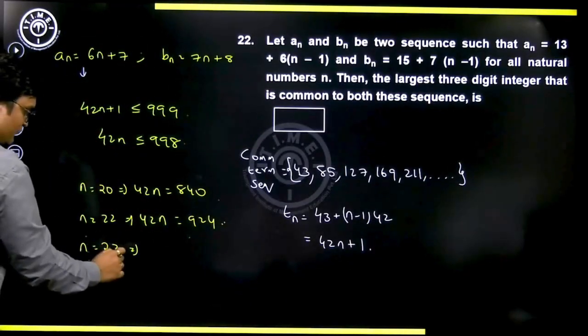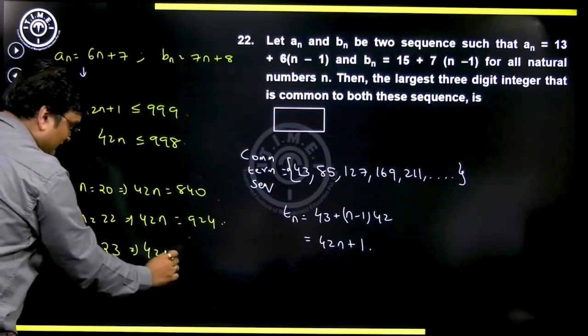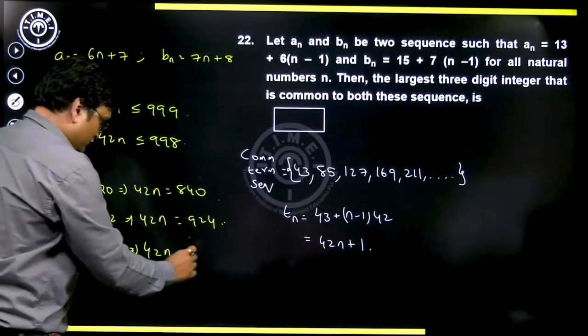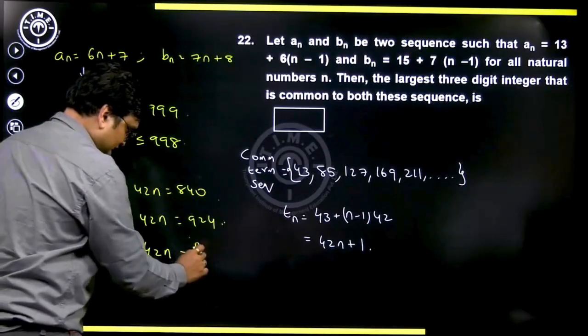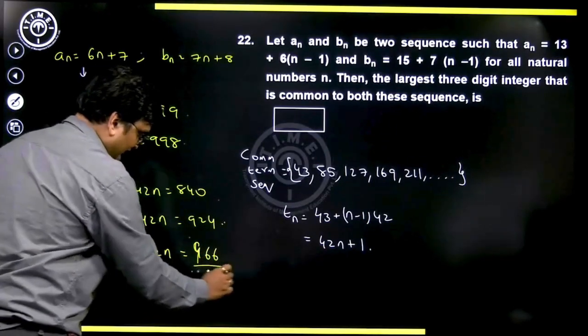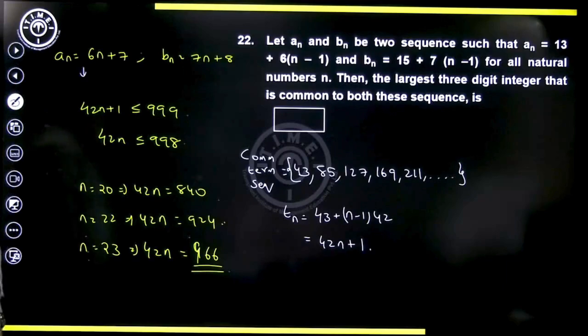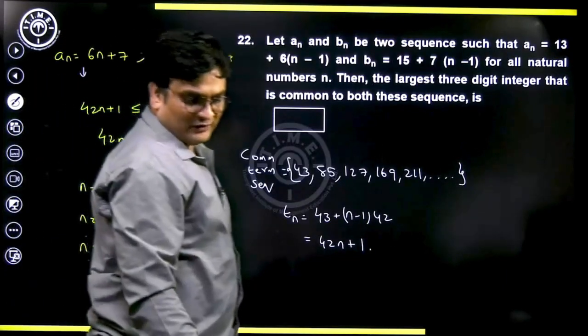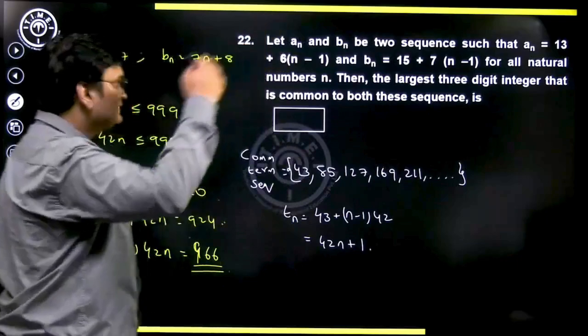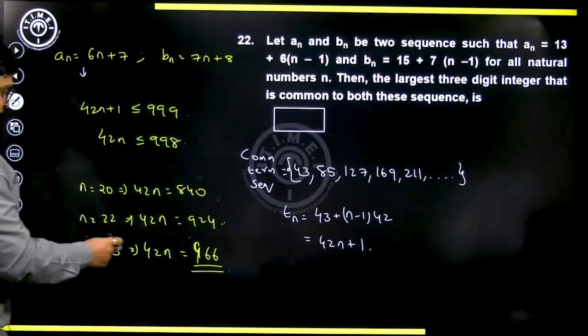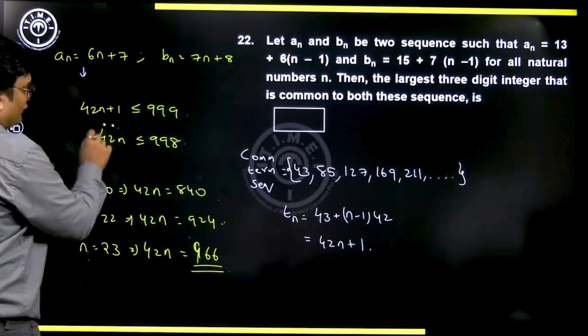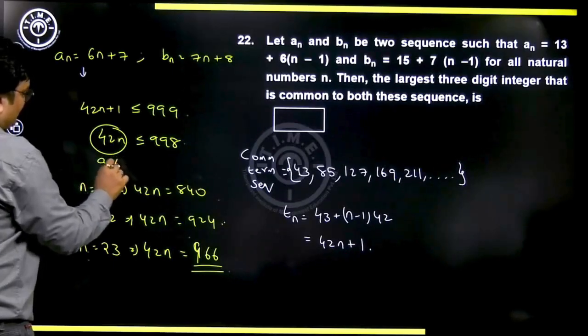I think this should match. For 23, 42 into n in this case will be 966. If you go beyond this, you will be going beyond the next term. So the maximum value for 42n that we can get is 966 only.